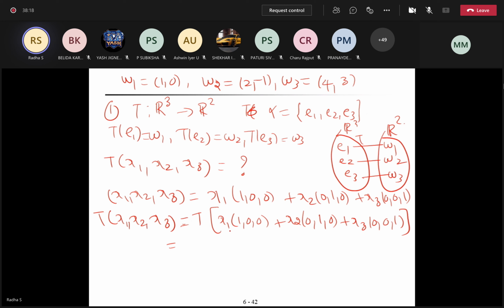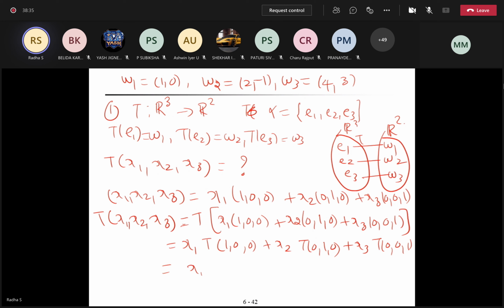So x1, x2, x3 are all scalars here. So take x1 T of 1, 0, 0, plus x2 T of 0, 1, 0, plus x3 T of 0, 0, 1.